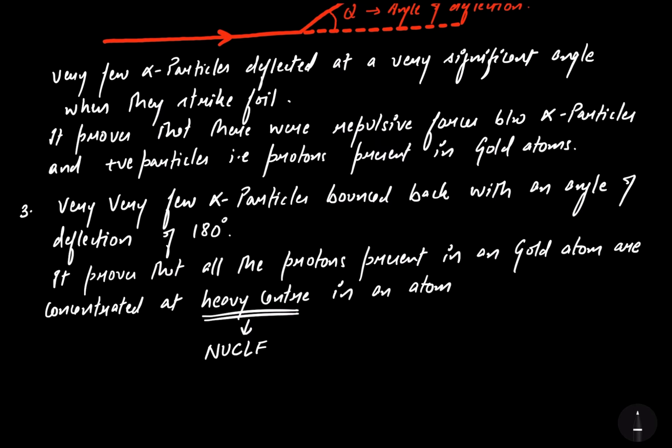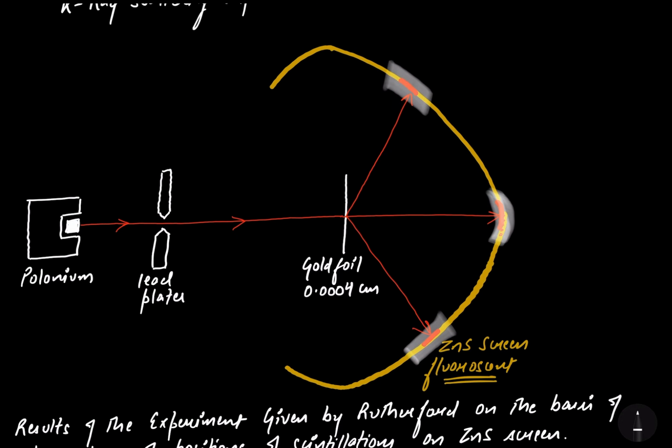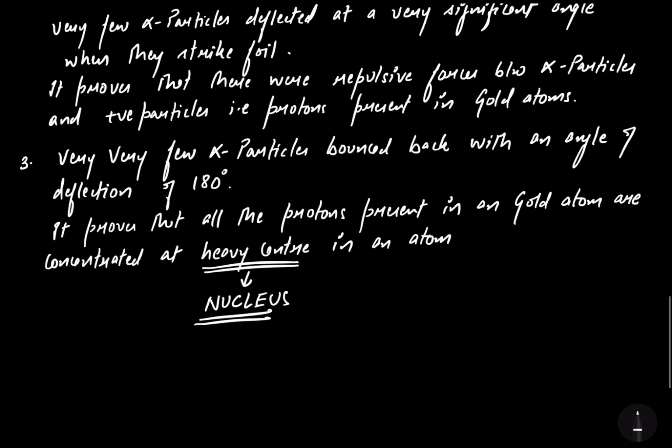So that was the discovery of the nucleus in this alpha ray scattering experiment. So my dear students, I am now going to draw the zoomed in diagram of the gold foil and the alpha particles. Please do have a look.